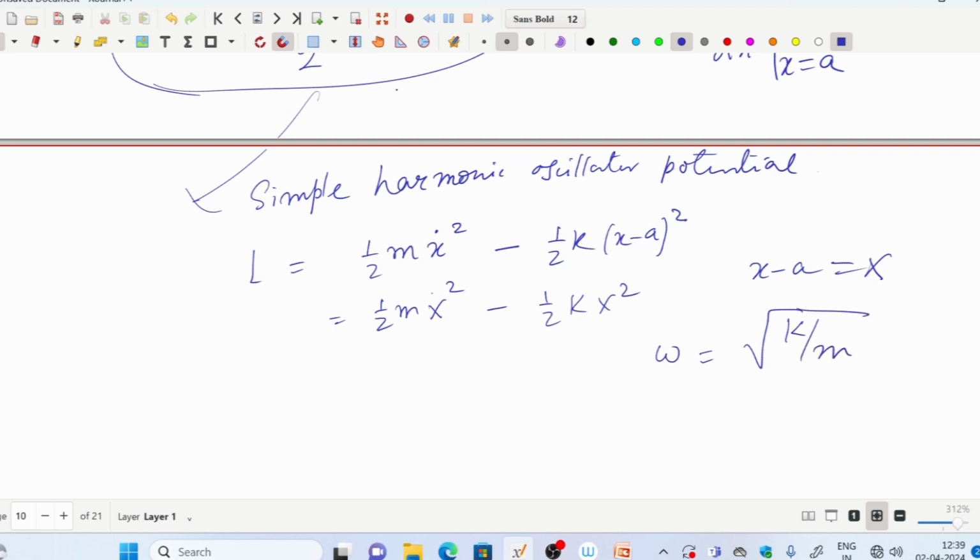So, in this case the frequency of oscillation around the minima point will be root of k by m, where k is d2V/dx square at x equal to a.